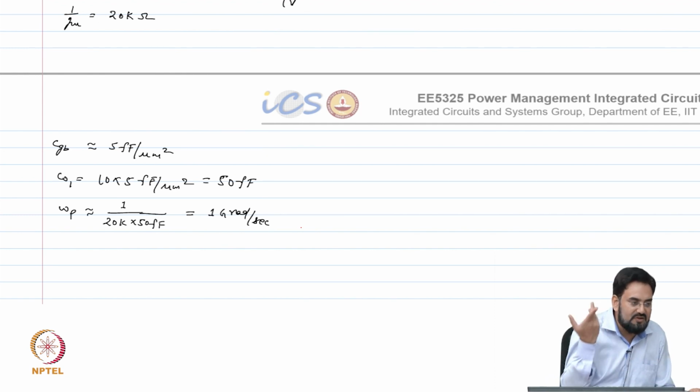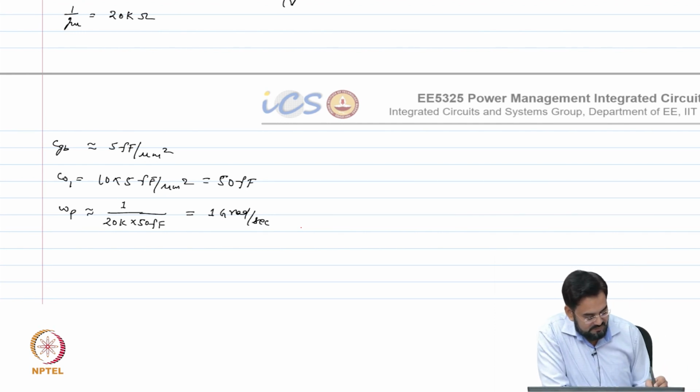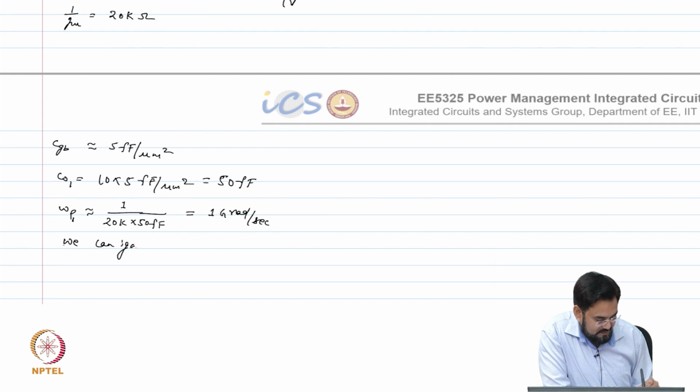Your UGB is not going to be 1 giga for sure, it will be of the order of tens, maximum tens of megahertz, not more than that. So, we can ignore omega P1.